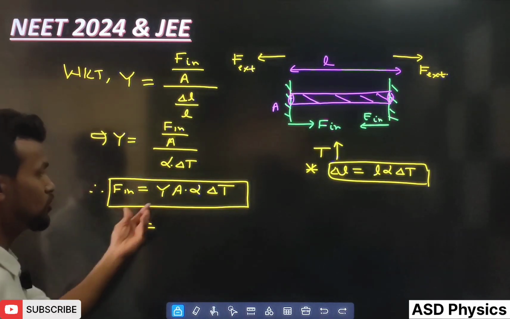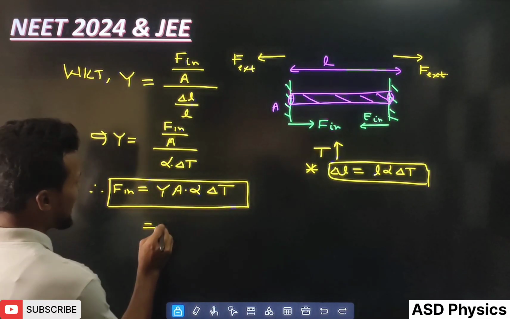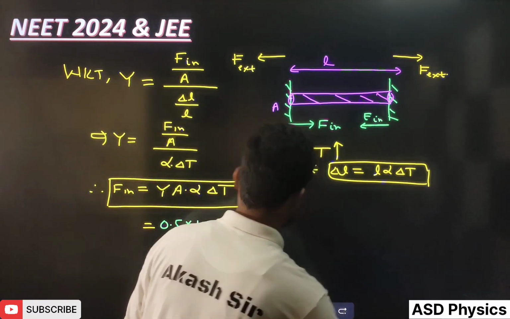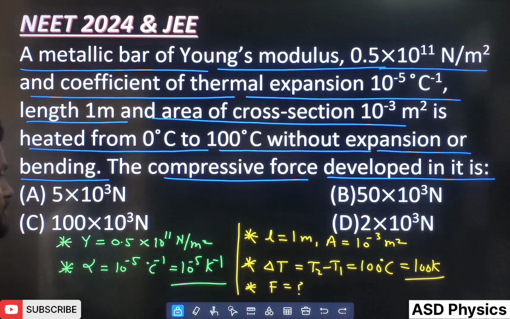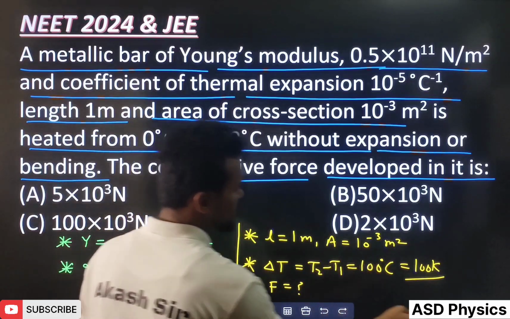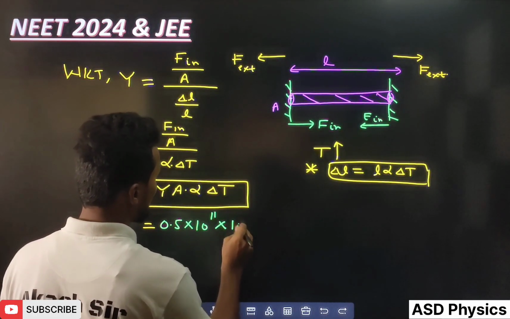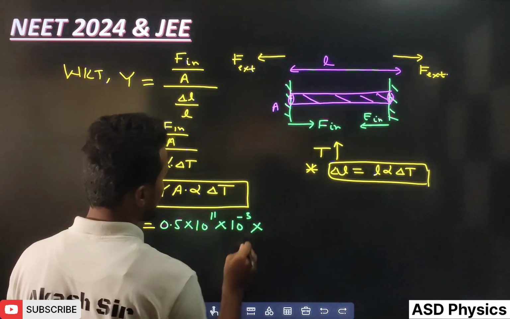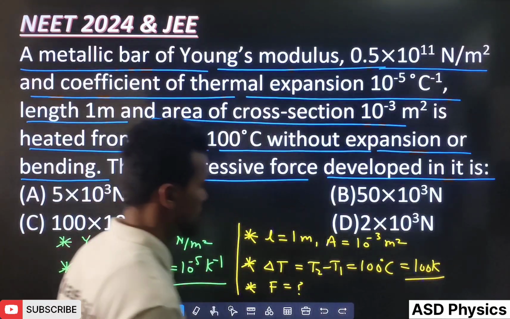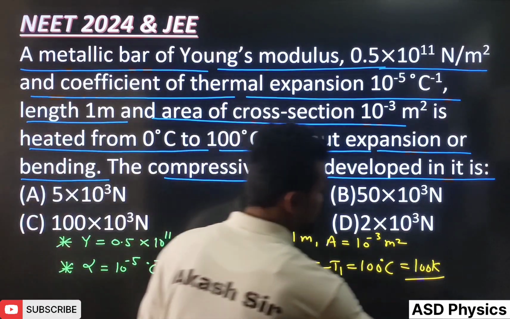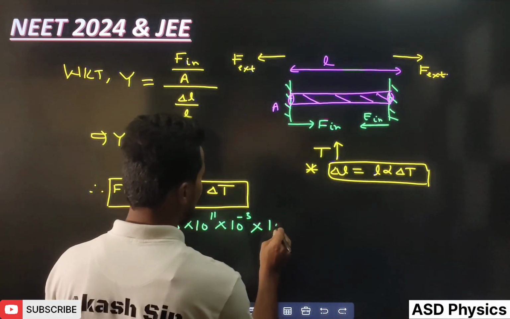Now we have to put the values in Y A alpha delta T. Y is 0.5 into 10 to the power 11. A is 10 power minus 3. Alpha value is 10 power minus 5.